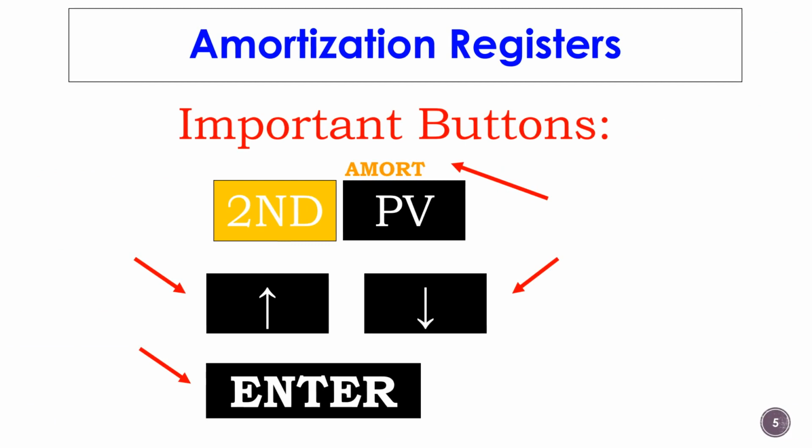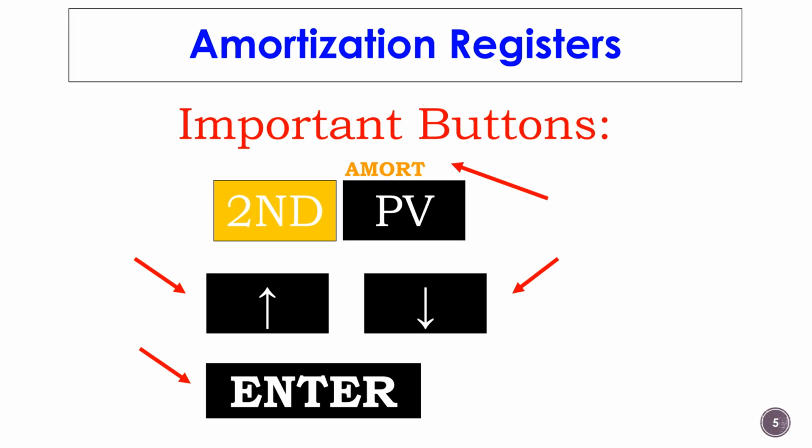So there's some important keys on your calculator. If you take a look at your calculator right above PV, you will see the word AMORT. And so the way we get to the amortization keys is to push second AMORT, and then you will see these arrows and different things.